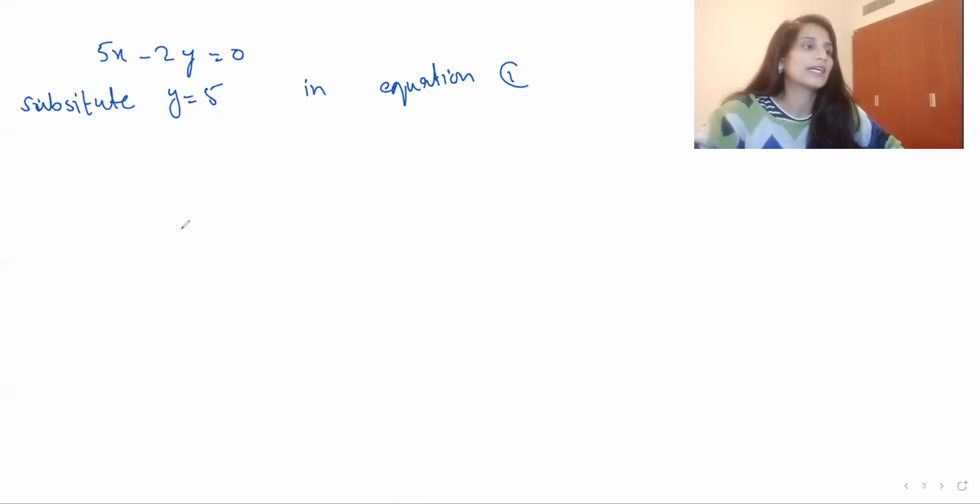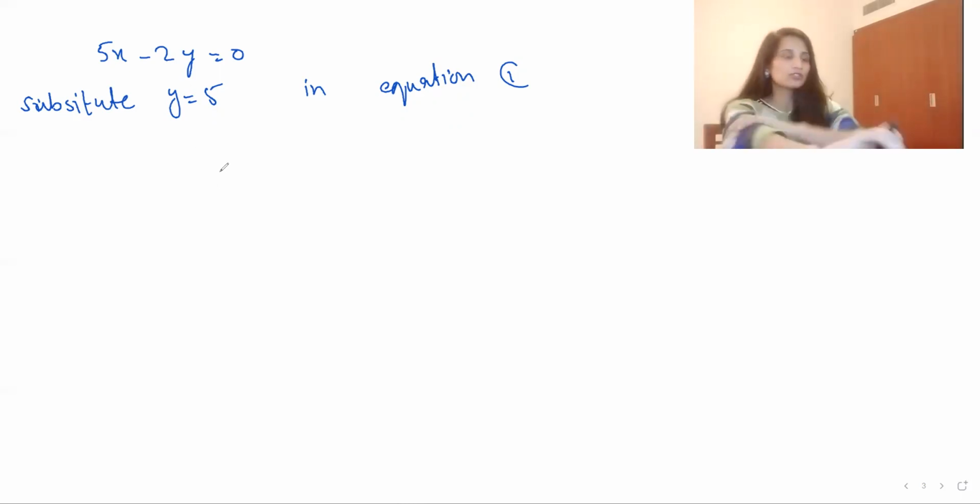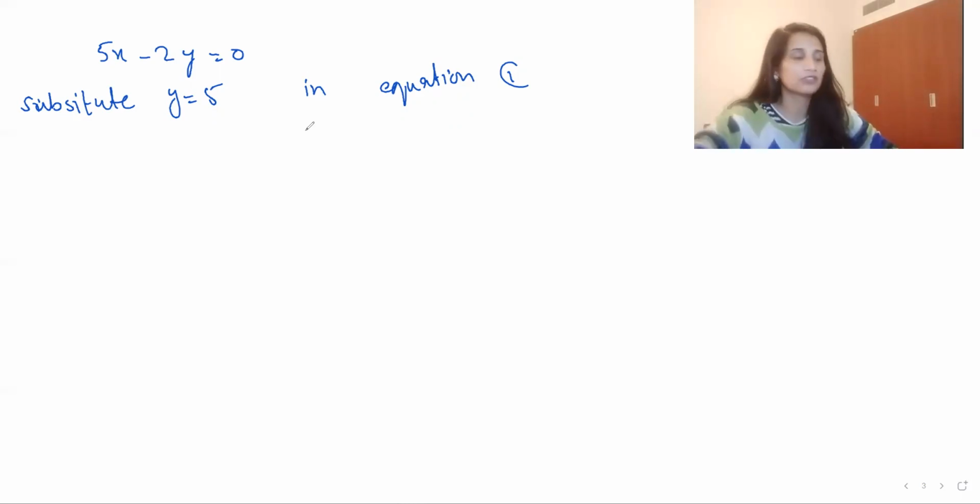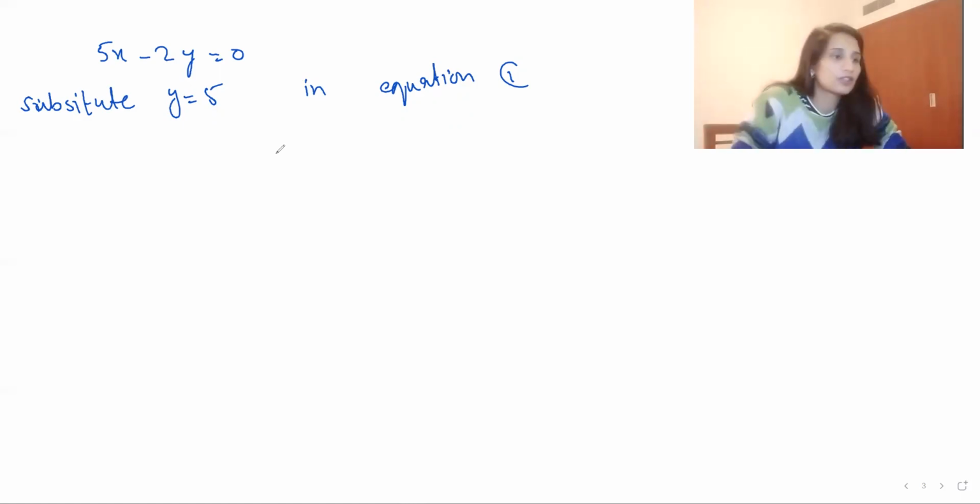We can actually get the value of x by putting the value of y in any of equations 1, 2, 3, or 4, as equations 3 and 4 are the other forms of equations 1 and 2. So we can put its value in any equation to find the answer.